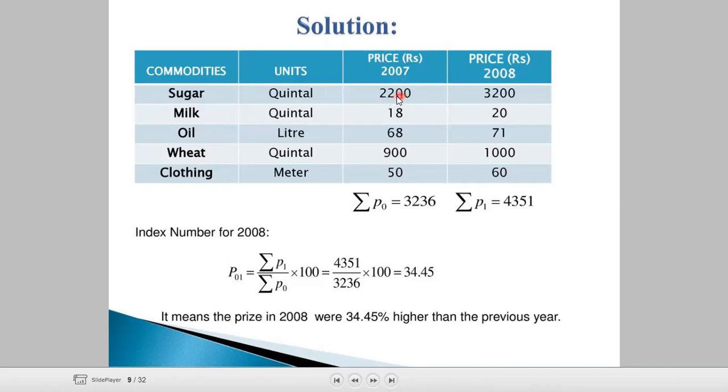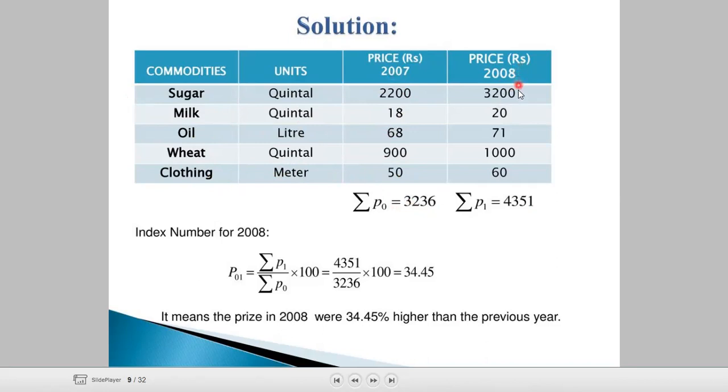So here, if we add the price of sugar in 2007, that is 2200, with 18, the price of milk in 2007, 68, with the price of oil in 2007, 900, with the price of wheat for 2007, 50, and for the year 2007 the price of gold, we get the total of 3236, 3236.